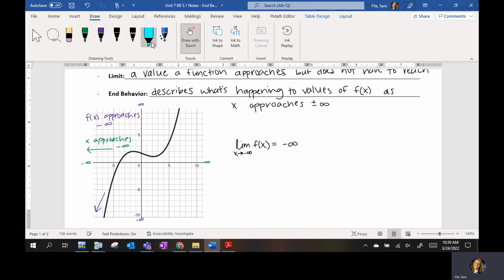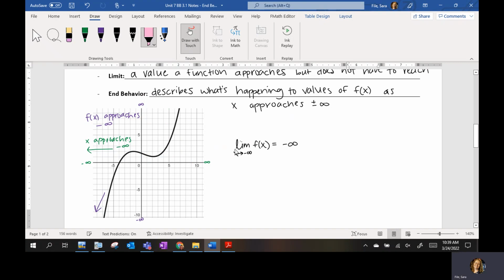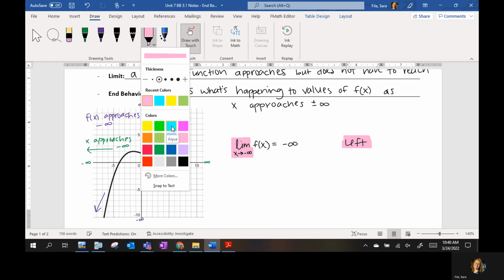So I'm going to do some highlighting to try and correspond a couple of things for you. When you see this, the limit as x approaches negative infinity, that means the left side.